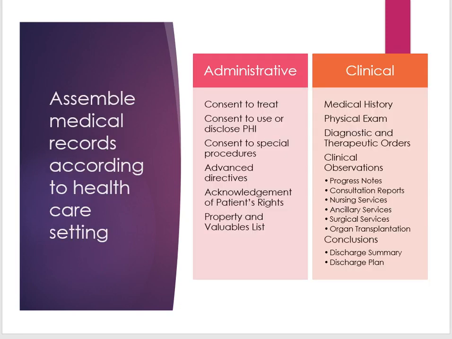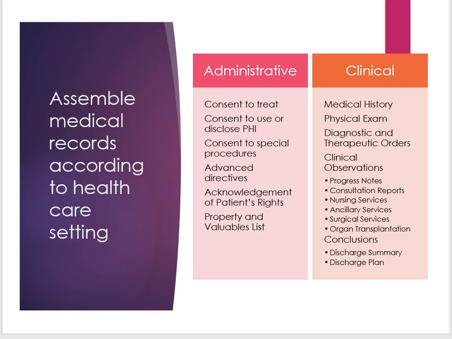All right, the other thing that I think is important to note is that it doesn't matter whether it's paper-based or electronic, there are certain ways to organize the health record. And so this is important because you're also expected to be able to assemble the health record. And most health records have administrative and clinical components.